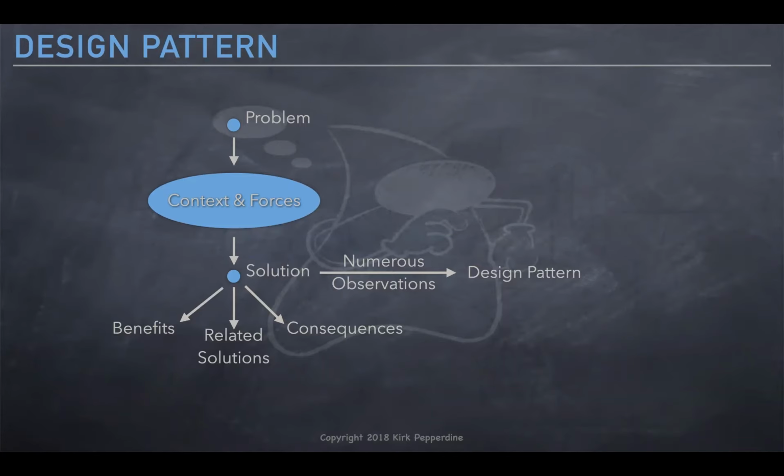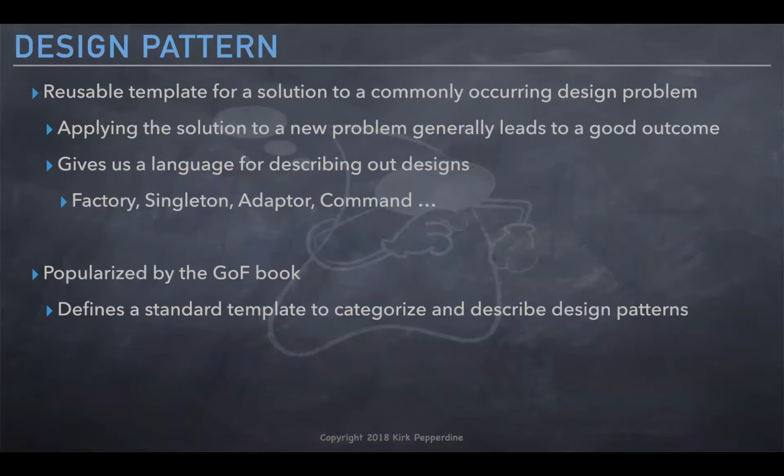So a design pattern is a reusable template for a solution to a commonly occurring design problem. Applying this pattern to the problem generally leads to a good outcome. And more importantly, it gives us a language for describing our designs.